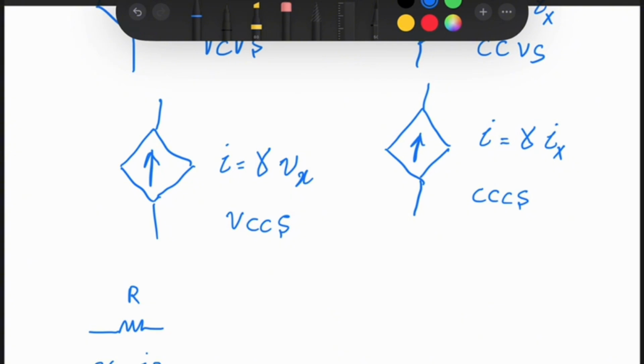And when using P is equal to VI, remember the passive sign convention that we have already discussed in the previous topic.